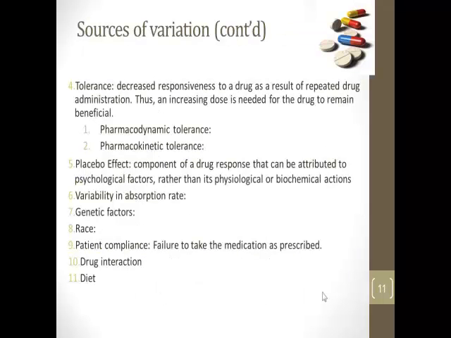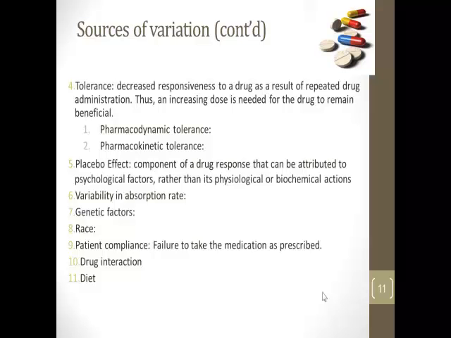Another source of variation, tolerance. You know what tolerance is: a decreased responsiveness to a drug as a result of repeated drug administration. That occurs with barbiturates, and with opioid narcotic drugs. The person has to take an increased amount of drug to have the same effect.